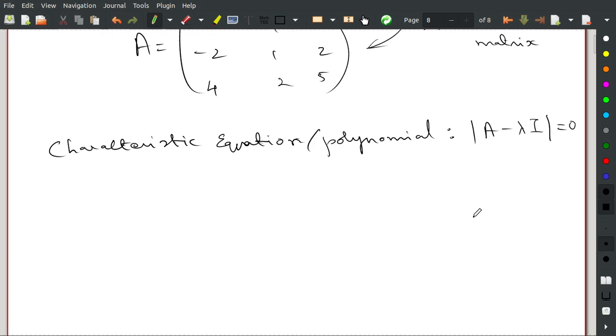Here lambda is the eigenvalue we are going to find. By that way we can form the characteristic equation, and by solving it we get the values of lambda, where lambda is the eigenvalue.